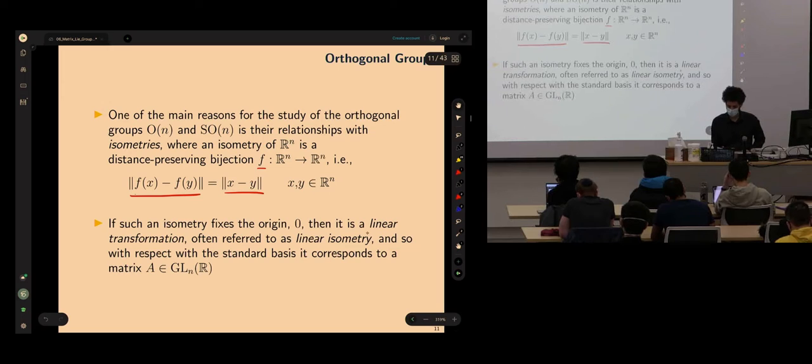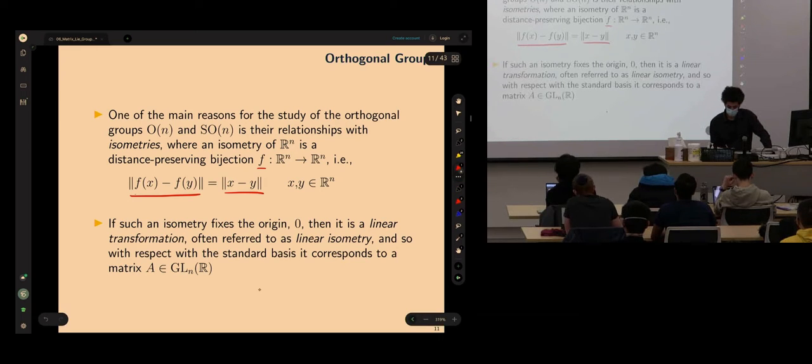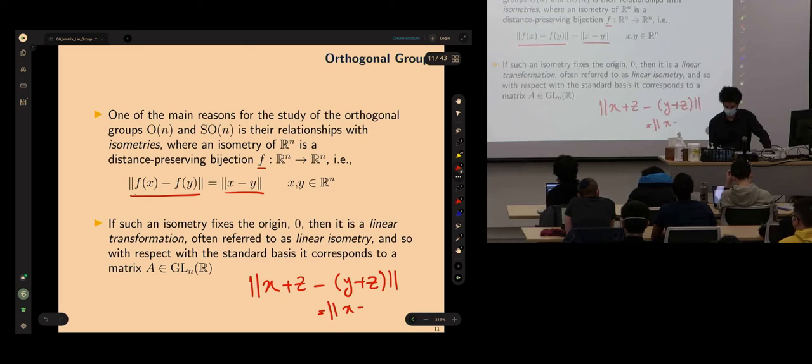Now, if it's a linear isometry, we know that a linear transformation fixes the origin. However, you can have translation as well, then it's not linear. We know very well that translation will not change the distance between 2 points.